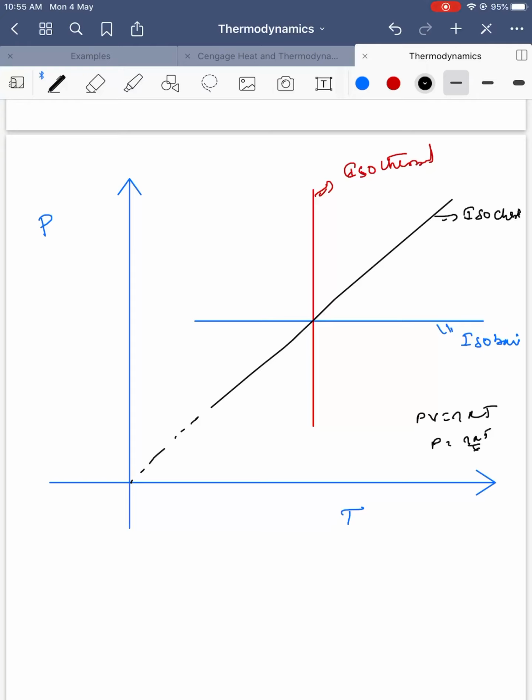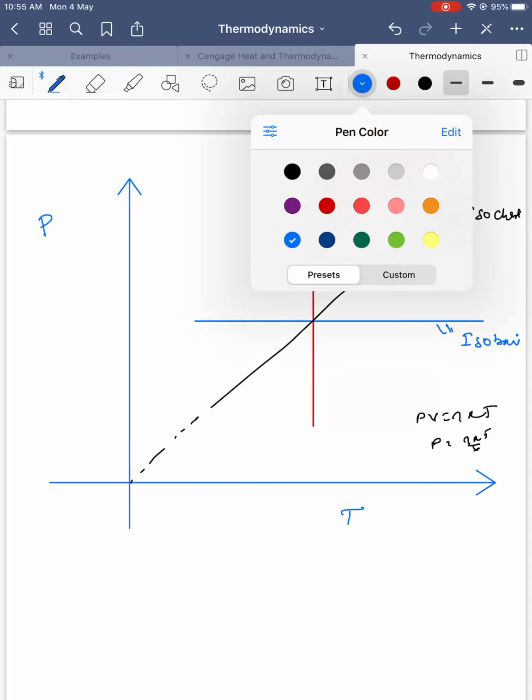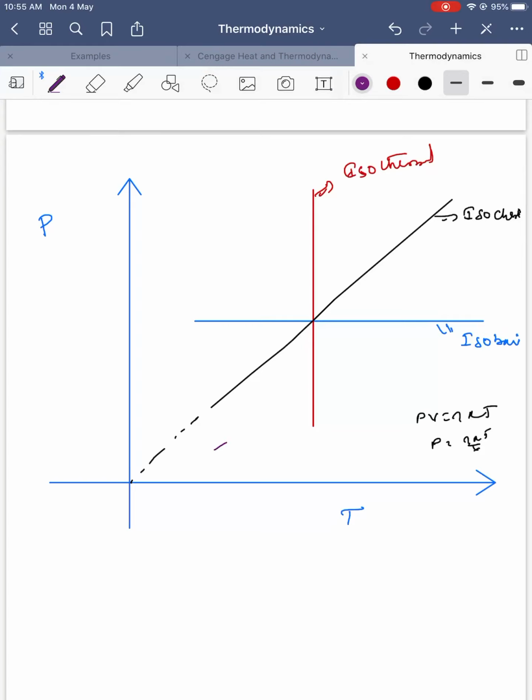And next, the adiabatic process. The pressure versus temperature graph for the adiabatic process is not a straight line, approximately it is like this, and it also starts from the origin. This is the adiabatic process.